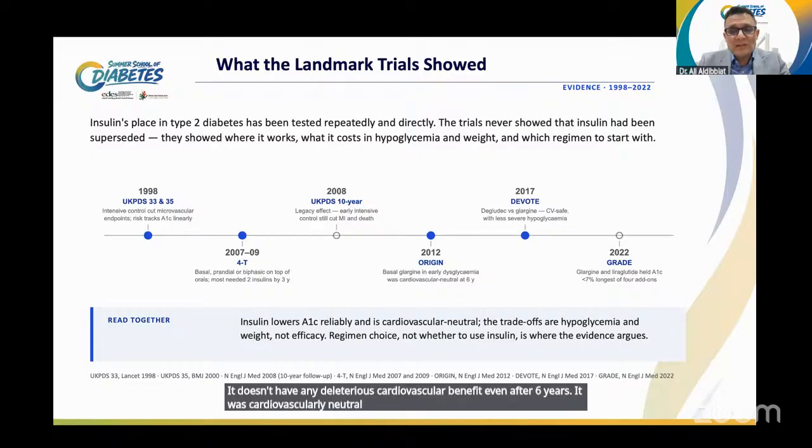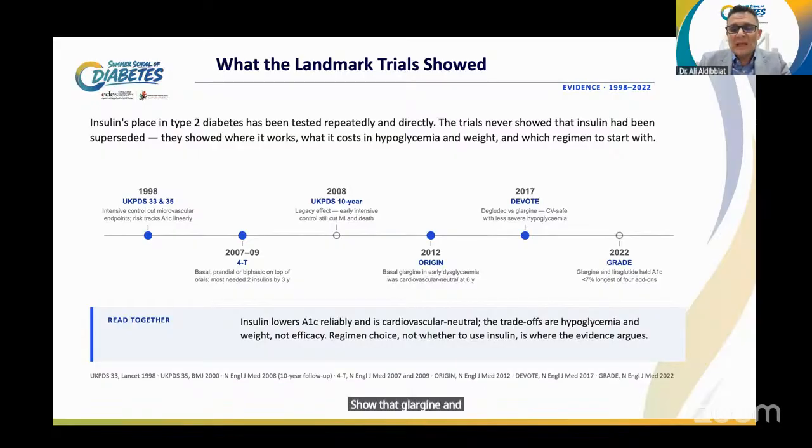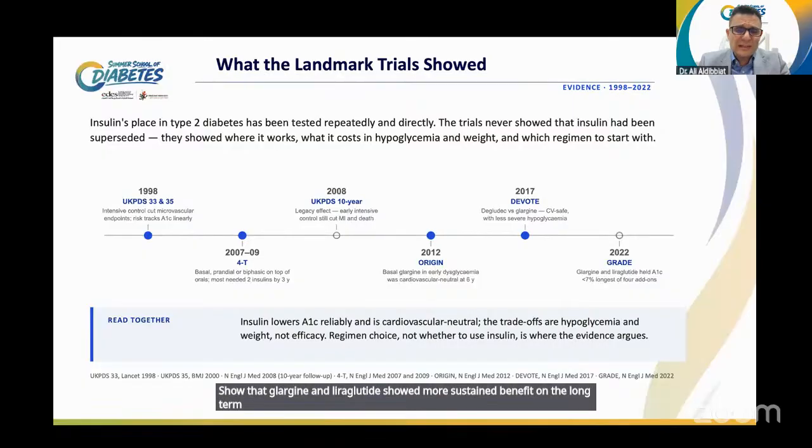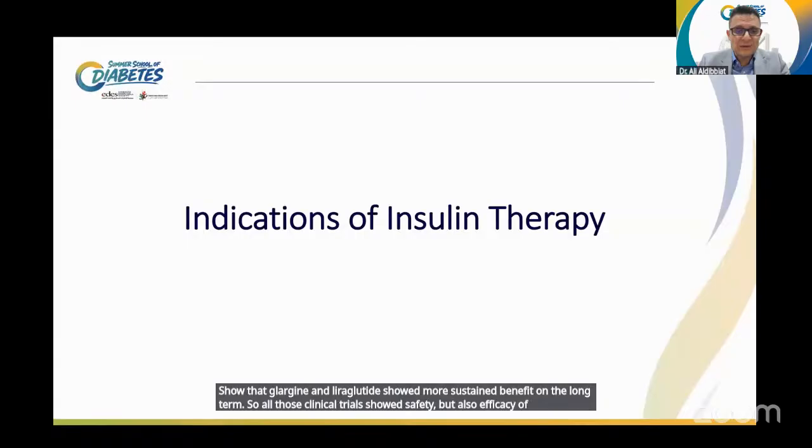The DEVOTE trial compared insulin degludec with insulin glargine and showed cardiovascular safety for both, but less hypoglycemia with degludec. And the most recent clinical trial, GRADE, showed that glargine and liraglutide had more sustained benefit in the long term. So all those clinical trials showed the safety, but also the efficacy, of those treatments.